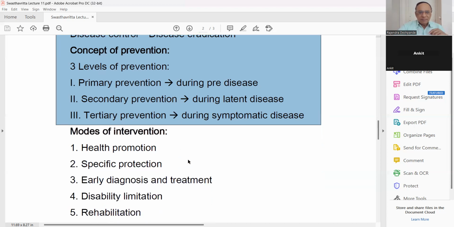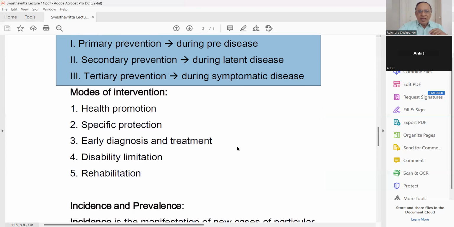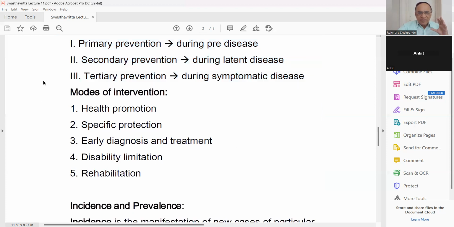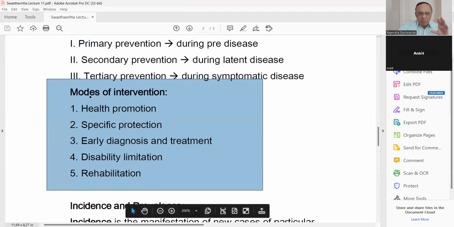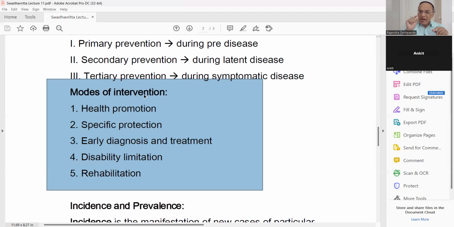Now, whenever the disease is there, how we can manage? This is called modes of intervention. Please write down. These are the keywords. Whichever words you see on the screen in bold, they are called the keywords in the examination.